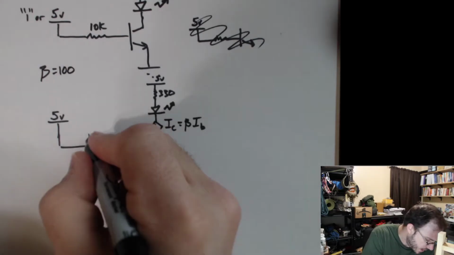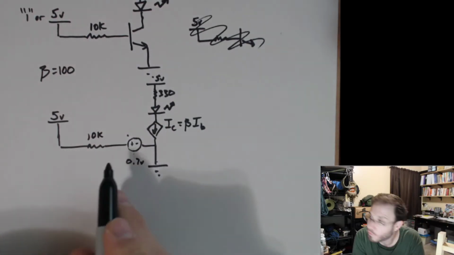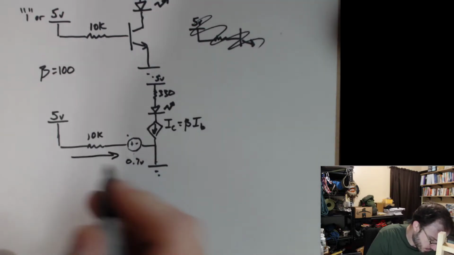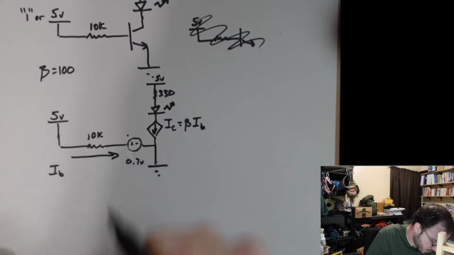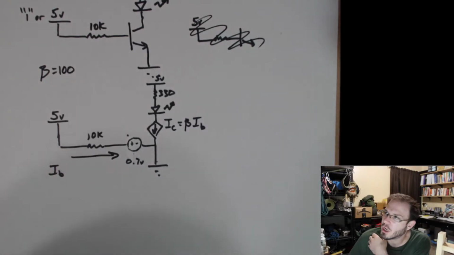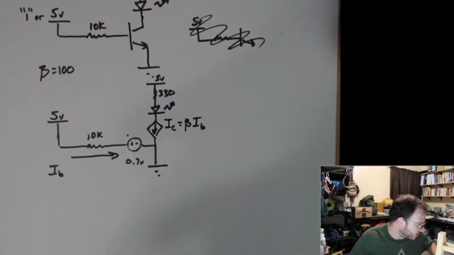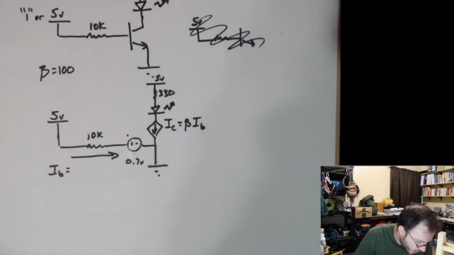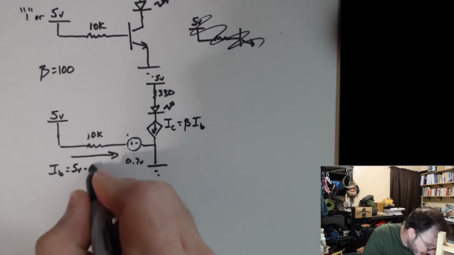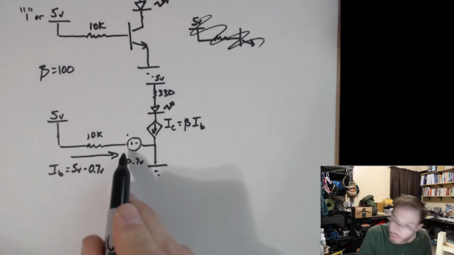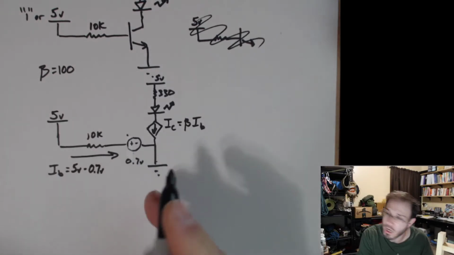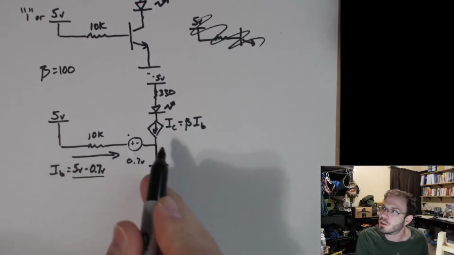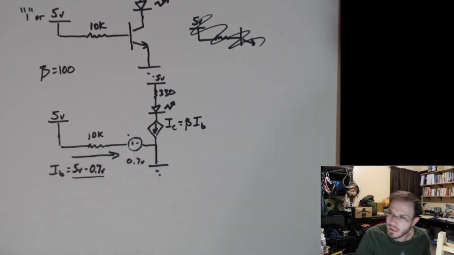Okay, now we can solve for what that base current is. Well, what's the base current going to be equal to in this problem? IB is going to be equal to 5 volts minus 0.7 volts for the voltage drop between the base and the emitter, all divided by the only thing that's limiting the base current entering this transistor, which is this 10K.